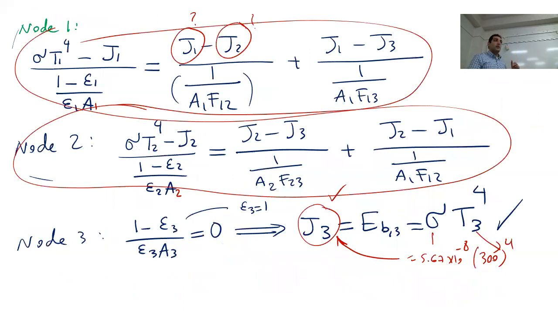If you hear the word surrounding in most radiation applications, that means you have to assume it as a black body. We didn't tell you it was a black body? No, we just need to know. Exactly. We don't even have the word black body in this problem, but under assumptions, it says the surrounding room is large and therefore behaves as a black body. So that's an assumption we have for black body.